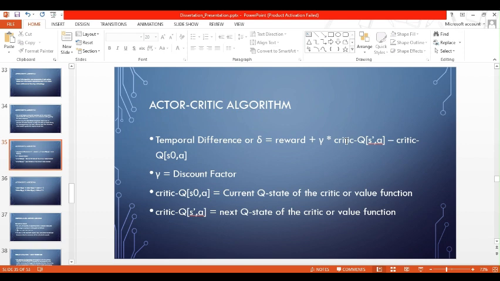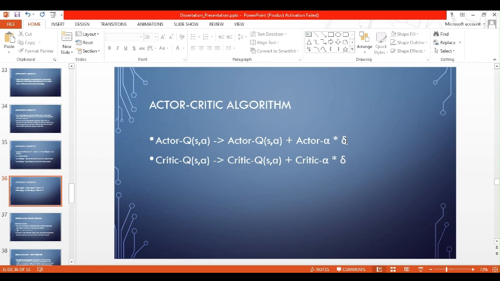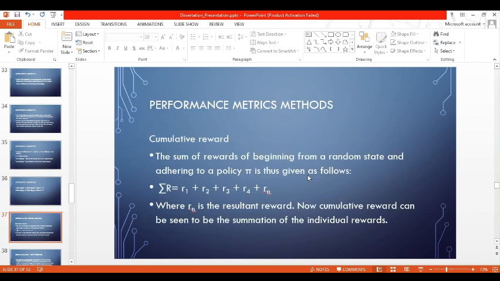Now, in this aspect, you define the Q tables for the critic and the Q tables for the actor, and they are almost the same, just that the difference here is the actor Q table makes use of the actor learning rate, and the critic Q table makes use of the critic learning rate.